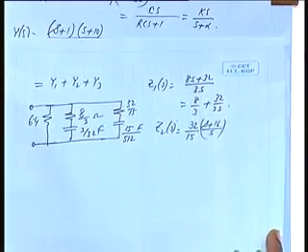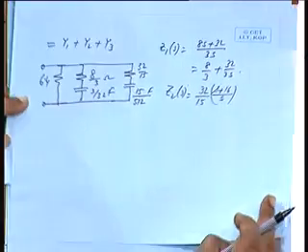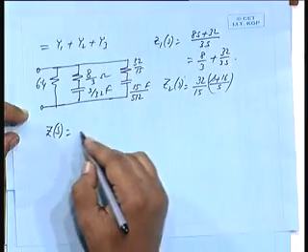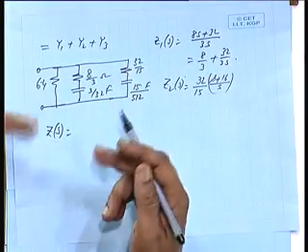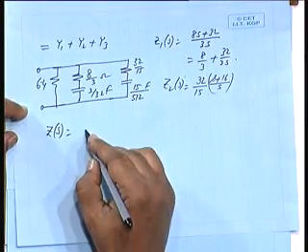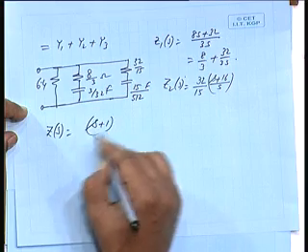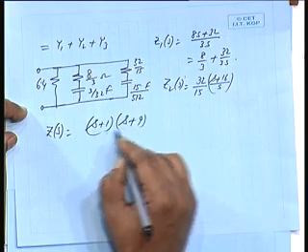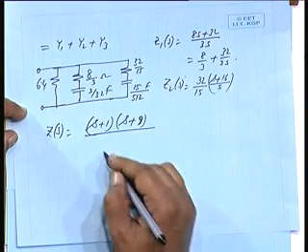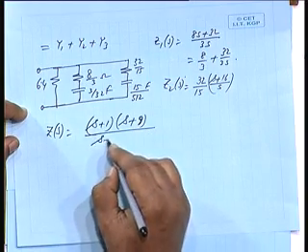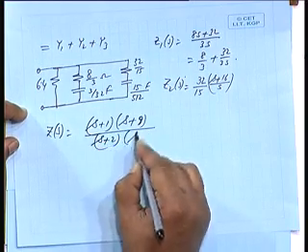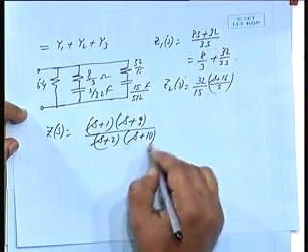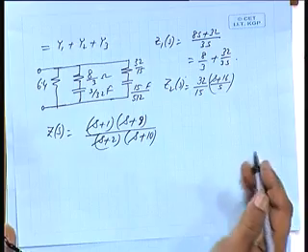So, whenever you are given a network function Z of s, where poles and zeros are appearing alternately in this form, s plus 1 into s plus 2 into ..., guess whether this will be an RC network.